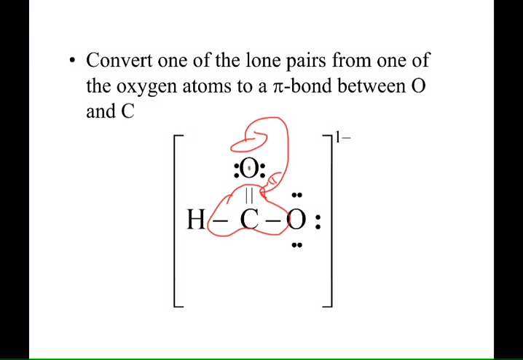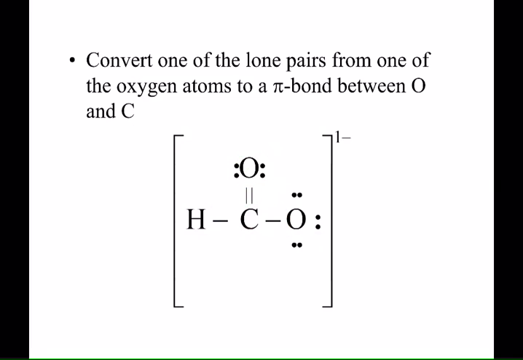Does this oxygen still have 8 electrons? Yep, it's got 2, 4, 6, 8. Okay, so as I've drawn it, all of these atoms have a complete set of electrons. Let me go ahead and erase this.